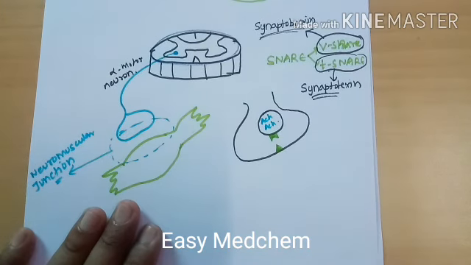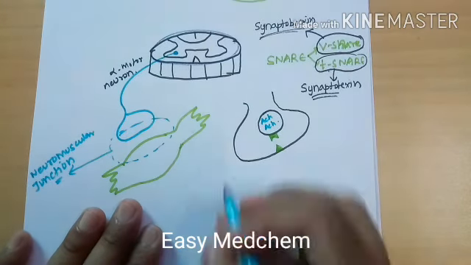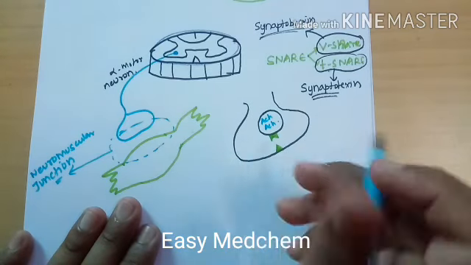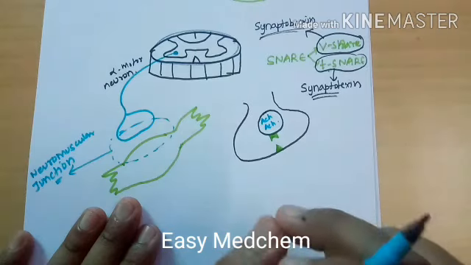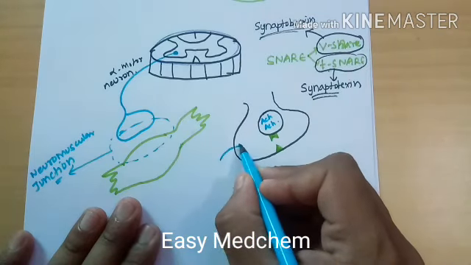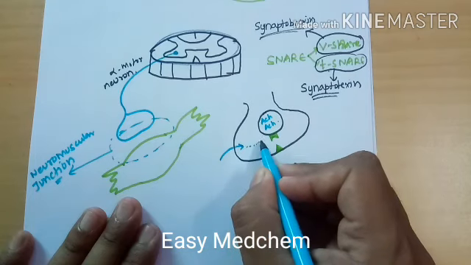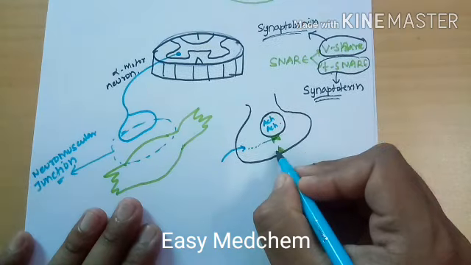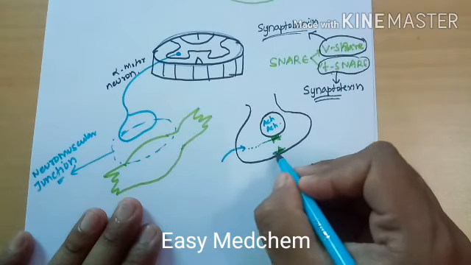If botulinum toxin enters via Clostridium botulinum, the toxin enters from here and concentrates here and will destroy these SNARE proteins.